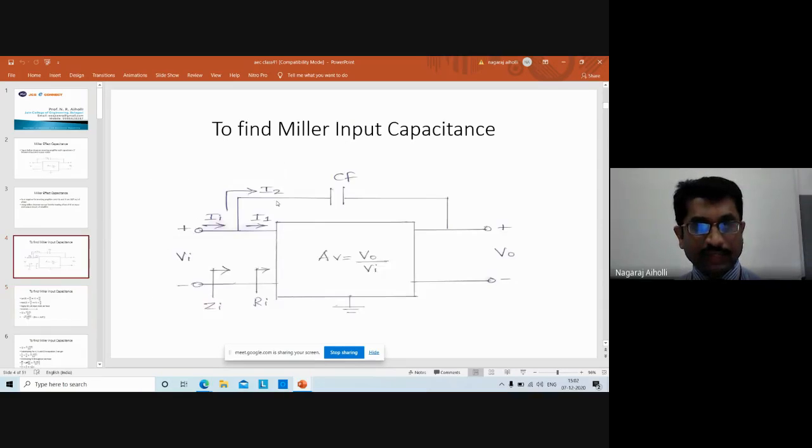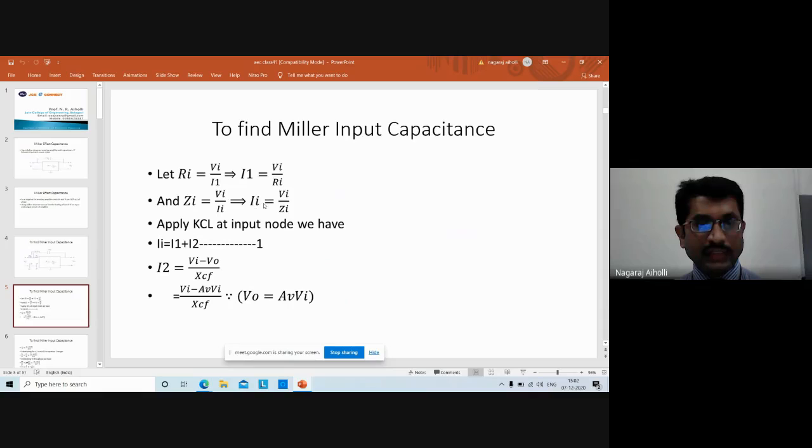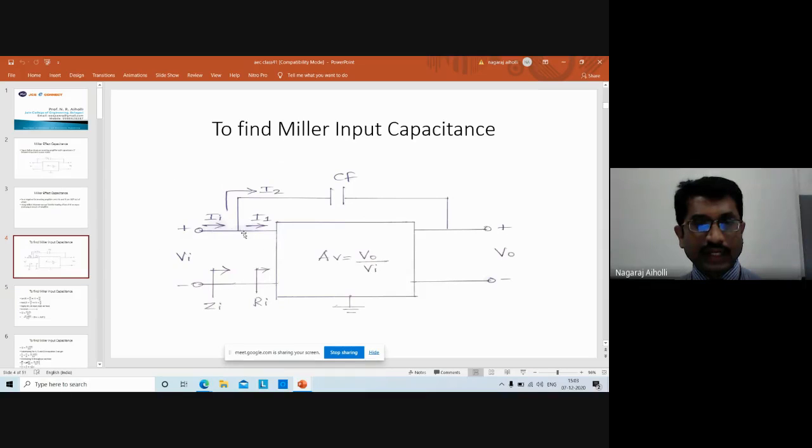Then Zi will be equal to Vi by Ii, the input impedance. Vi is the input voltage and Ii the input current, so Vi by Ii gives the impedance Zi, or Ii is equal to Vi by Zi. If you apply Kirchhoff's current law at the input node, Ii is equal to I1 plus I2.